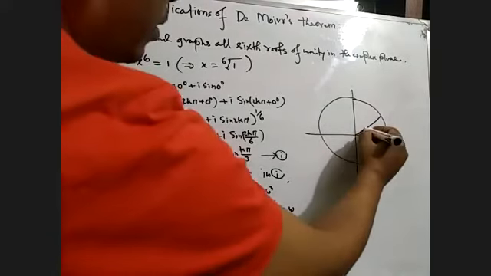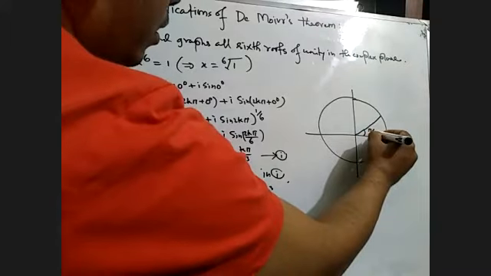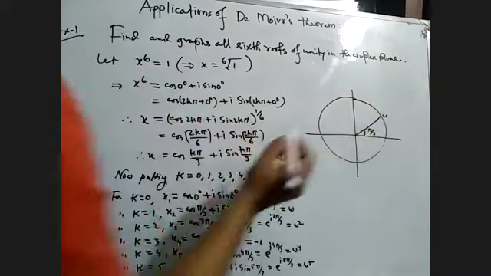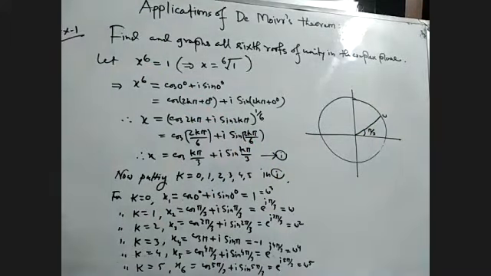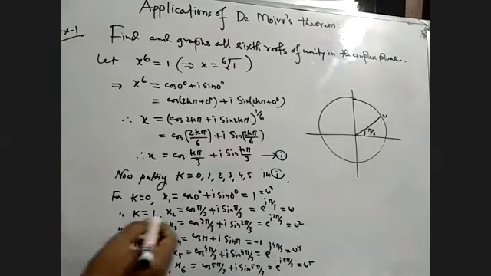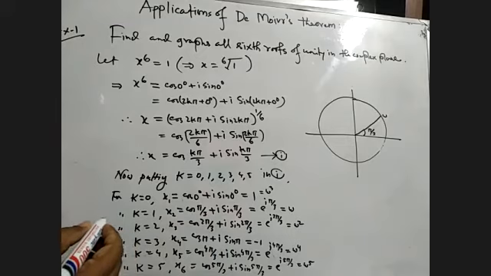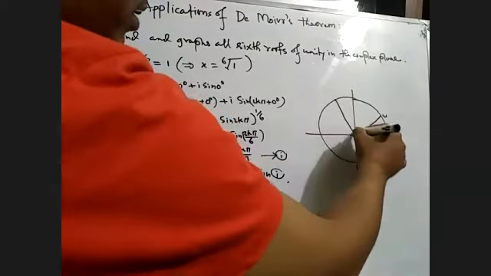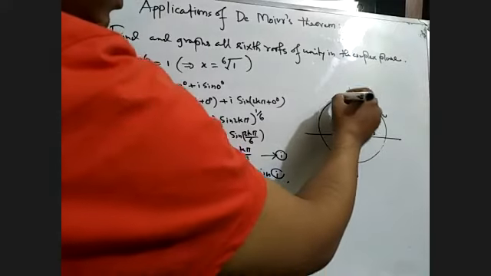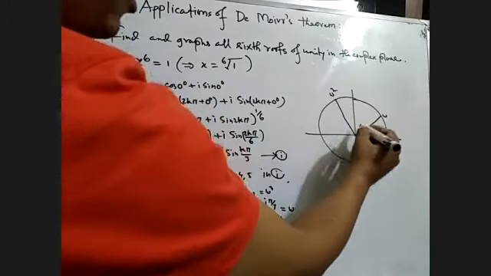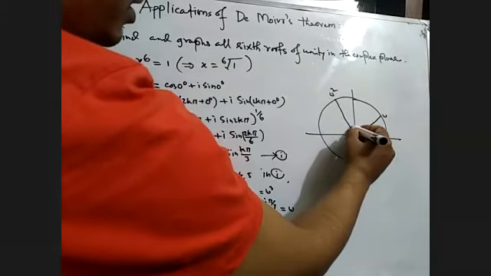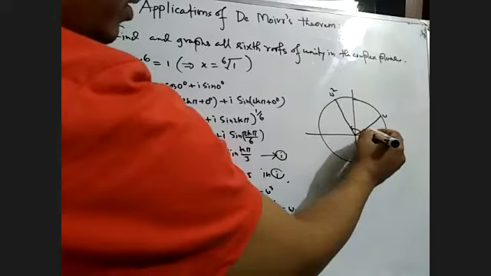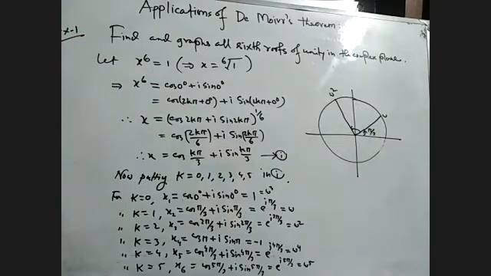Okay, pi by 3 is the omega. Then omega square where? 2 pi by 3. 2 pi by 3 means what? 120 degree. Okay, 120 degree. This is the omega square. Understand everybody? Yes, sir. This is the omega square.